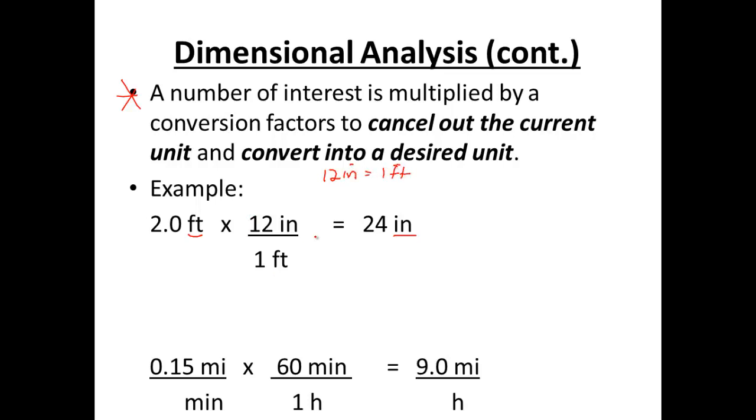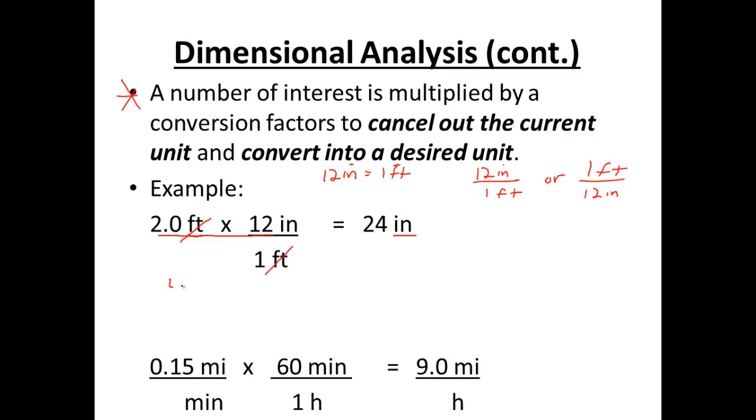So our conversion factor between those, we could set that up as 12 inches over 1 foot, or we also have 1 foot over 12 inches. So we need to set it up correctly so that we can convert and have feet cancel feet to get us into inches. Numbers on top are going to be multiplied, kind of like thinking like a fraction, and numbers on bottom are divided.